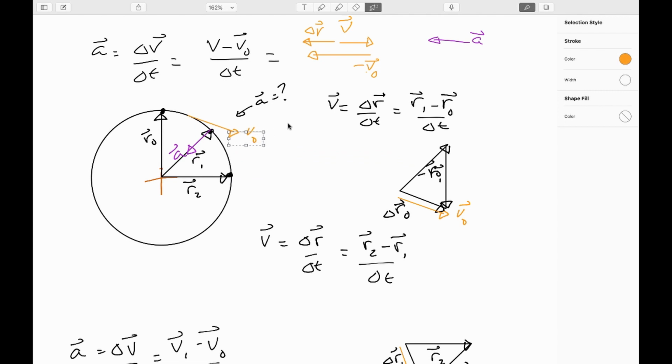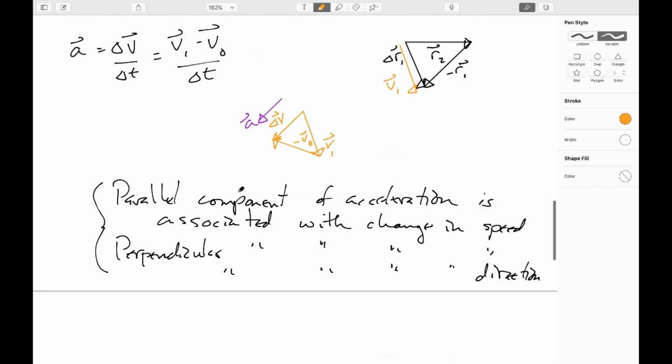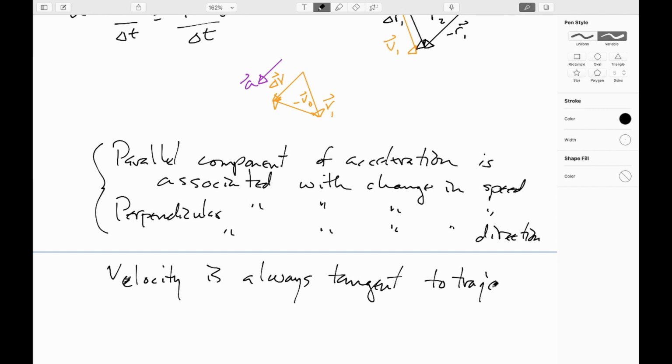It turns out that my velocity is always tangent to the trajectory. So it's always tangent to the trajectory of the object.